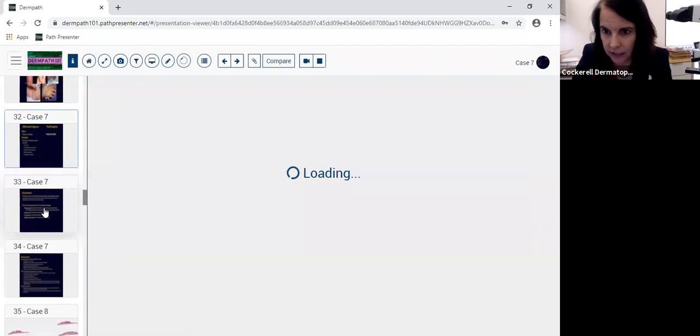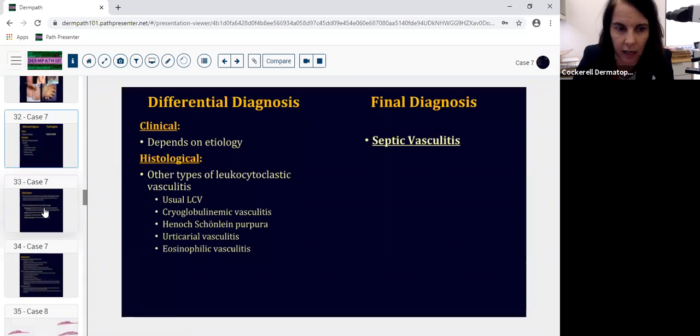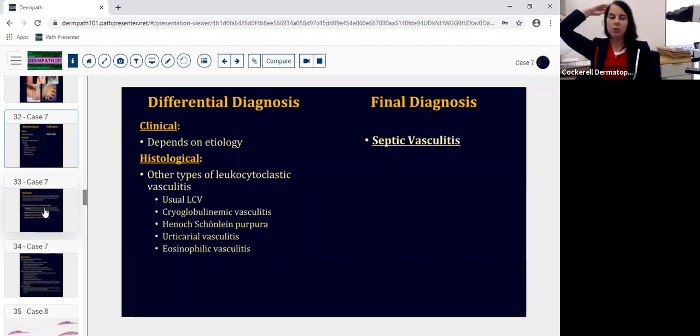What we have here is a septic vasculitis. Clinically it depends on the etiology, but there are other types of vasculitis: usually regular LCV, leukocytoclastic vasculitis, cryoglobulinemic vasculitis, Henoch-Schonlein purpura, urticarial vasculitis, and eosinophilic vasculitis, which you can see with hypereosinophilic syndrome and some connective tissue diseases.